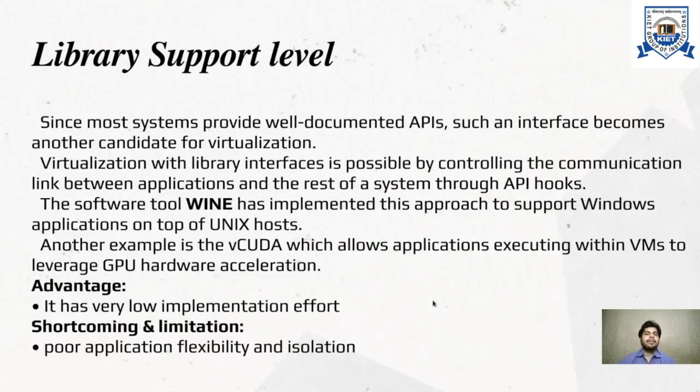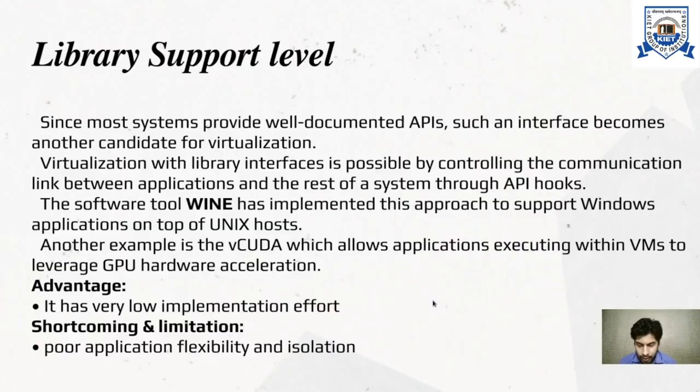Now let's talk about library support level. Since most systems provide well-documented APIs, such an interface becomes another candidate for virtualization. Virtualization with library interface is possible by controlling the communication link between the application and the rest of the system through API hooks.